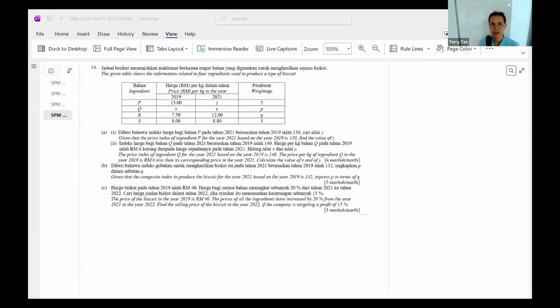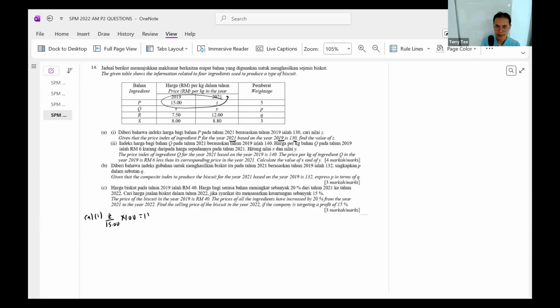Now here we have a table that shows information related to 4 ingredients used to produce a type of biscuit. The price index for ingredient P in 2021 based on 2019 is 130. Look at ingredient P. Find Z. To calculate the price index, we take the price in the current year Z, divide by the price in the base year 15 ringgit, times 100.